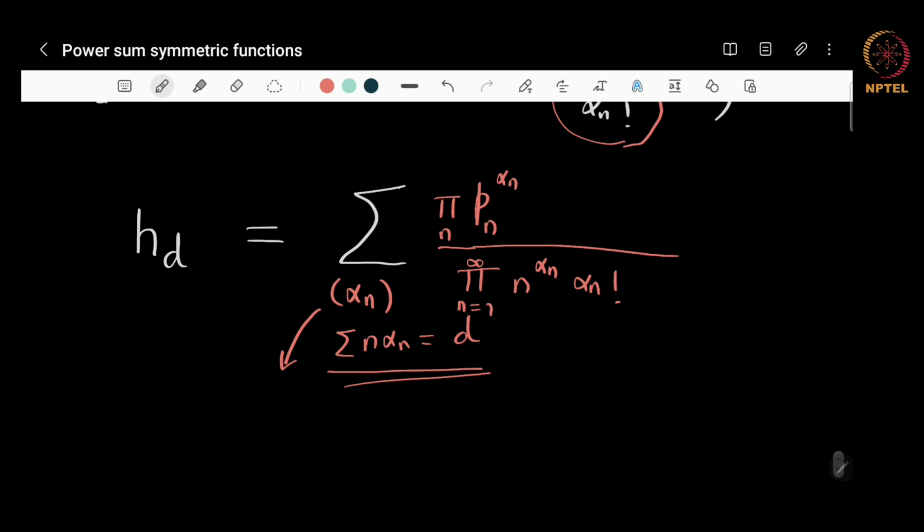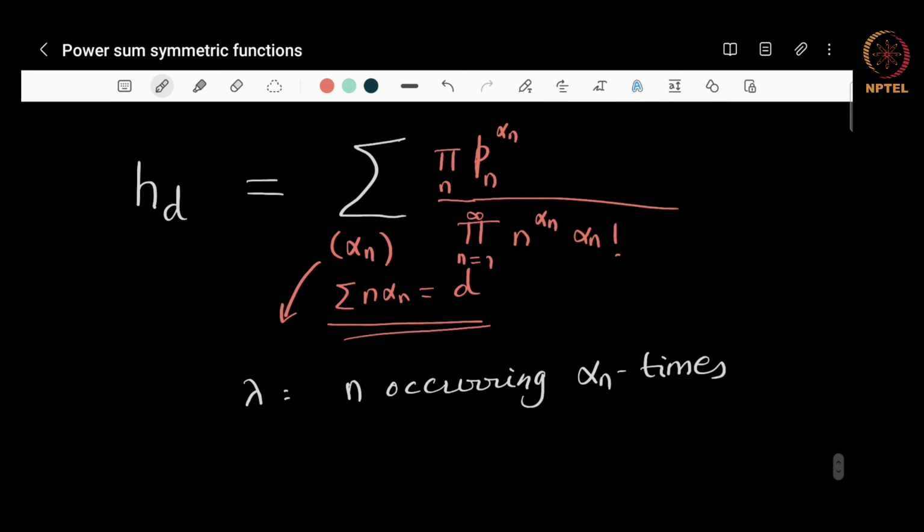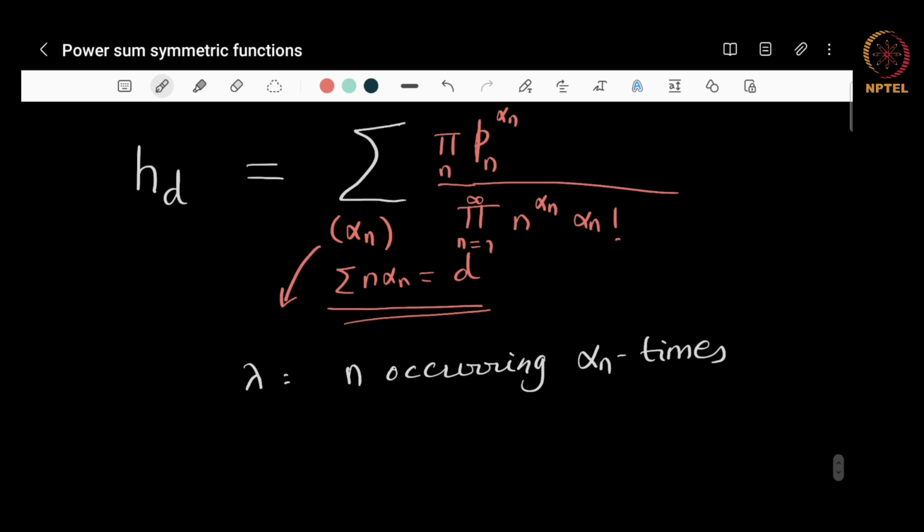So this is as if I have chosen the partition lambda, which has n occurring alpha n times. So if I think of it in those terms, I can just rewrite this as p lambda divided by this number which one calls z lambda.